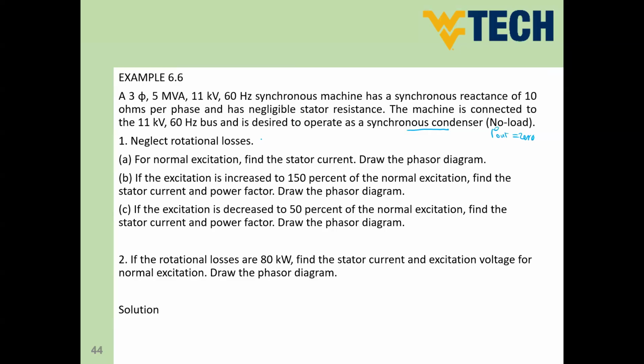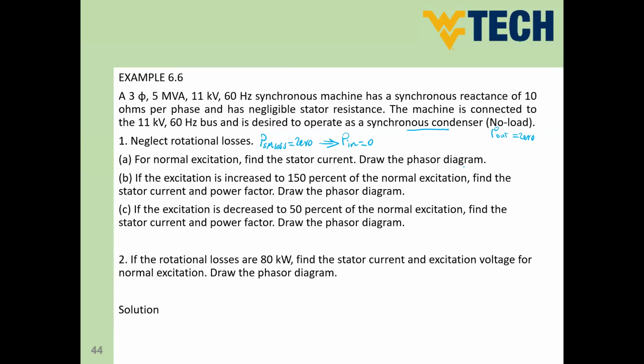This means all the synchronous motor loss equals zero, and you have zero output power, which leads to P input equals zero. So this is now the condition in this operation. For normal excitation, find the stator current and draw the phasor diagram.